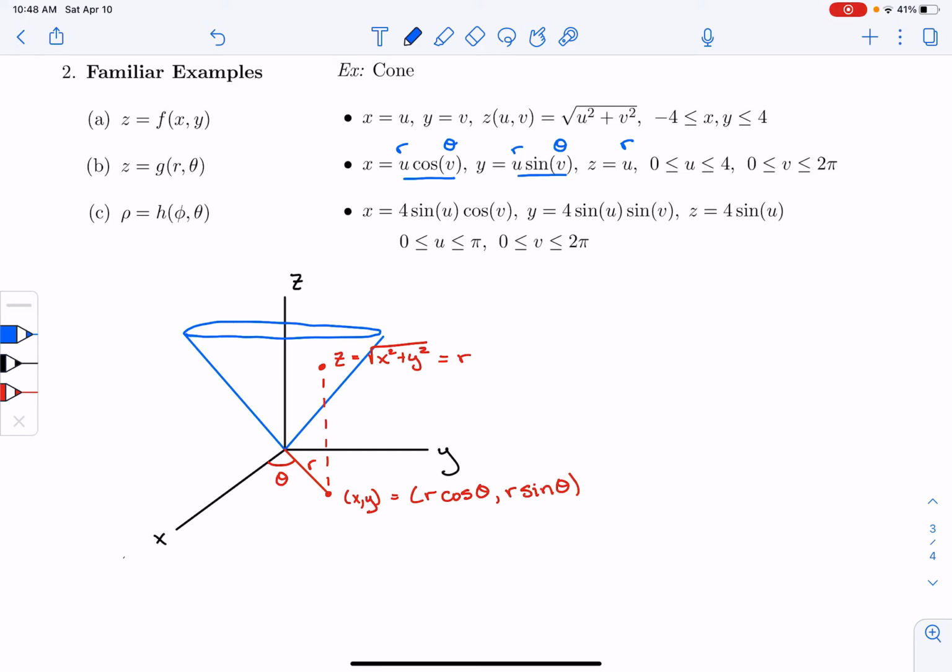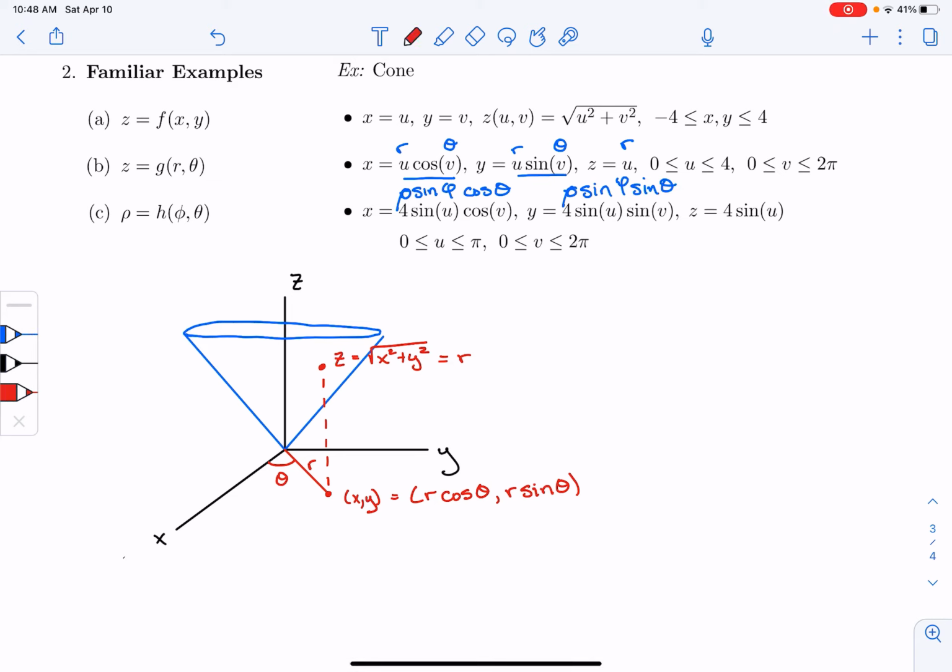We could also express a cone using spherical coordinates. So we could think about x and y being expressed in terms of spherical coordinates. We can think about them as being rho sine phi cosine theta and rho sine phi sine theta.